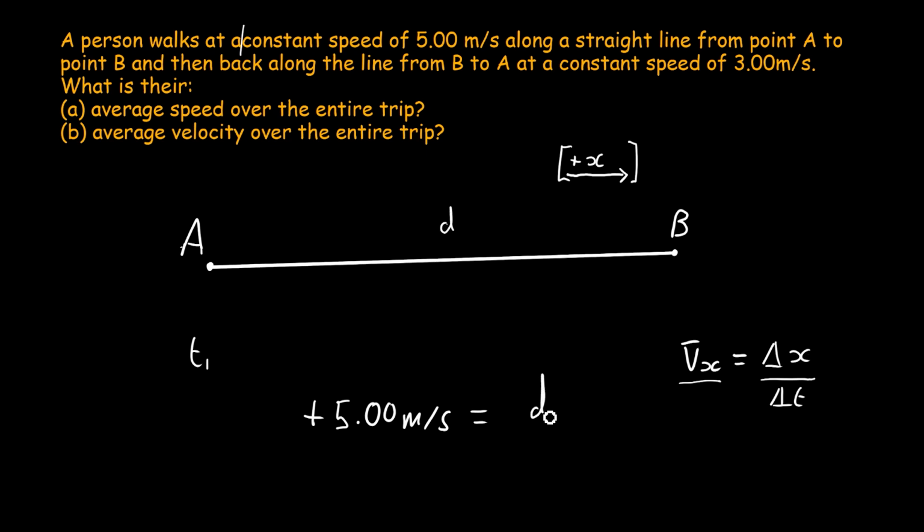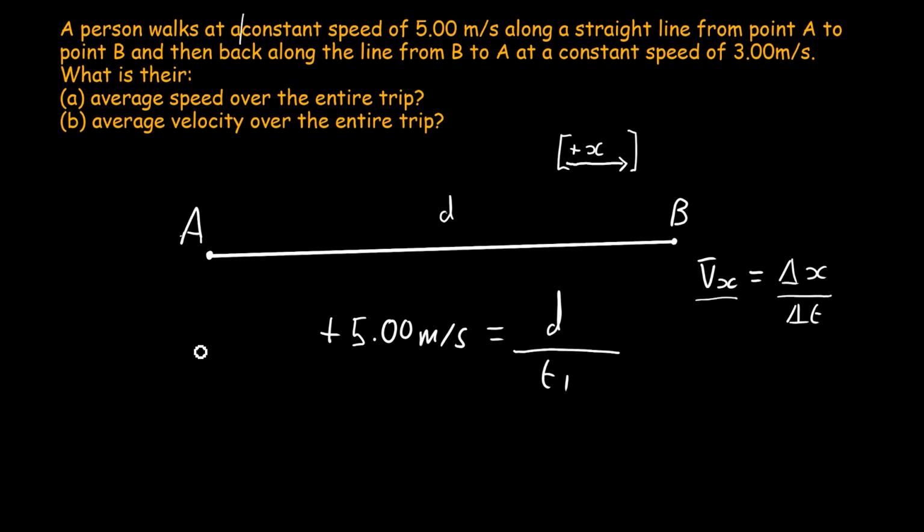I'm going to write d down here, over a change in time, which we've called t1. So we're going to put t1 there. But we also know that we're moving in the negative direction at minus 3 meters per second.